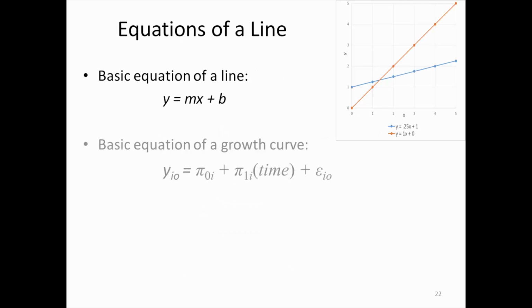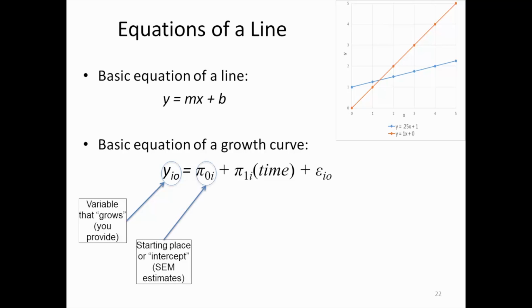Having time in the equation helps us to make this a growth curve model. Okay, so the outcome is the variable that's growing. The intercept is the starting place, or the average in the sample at time 1.